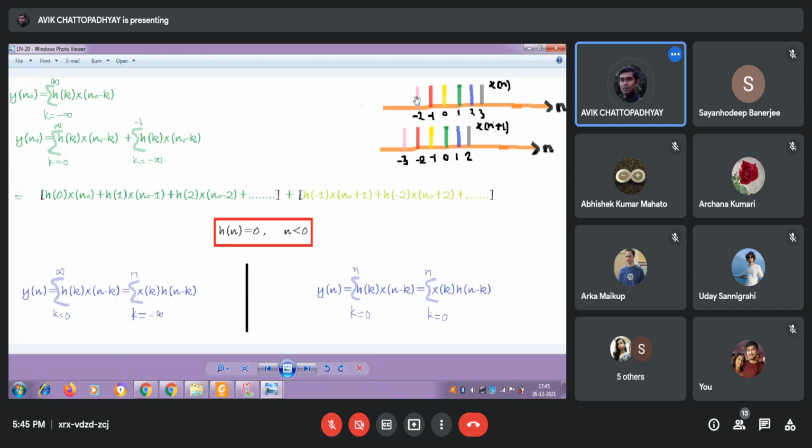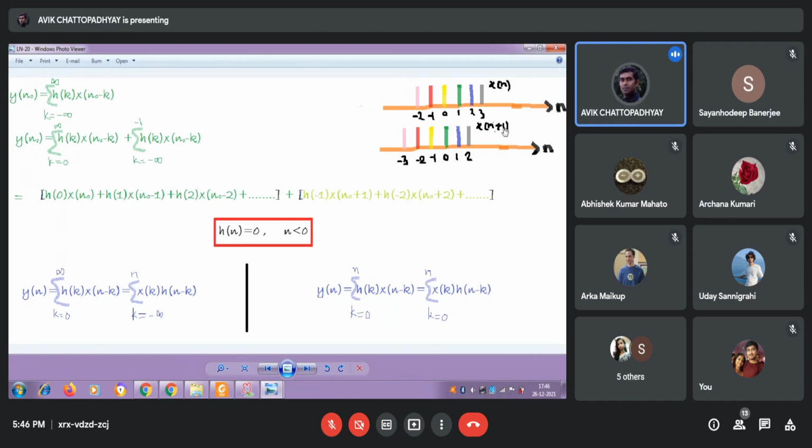Now, if you want to make it x[n+1], then each sample will be true for n equals minus 1.